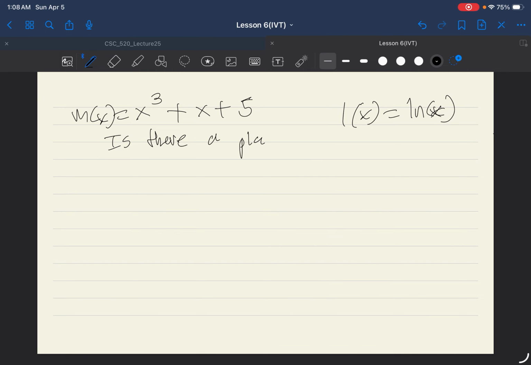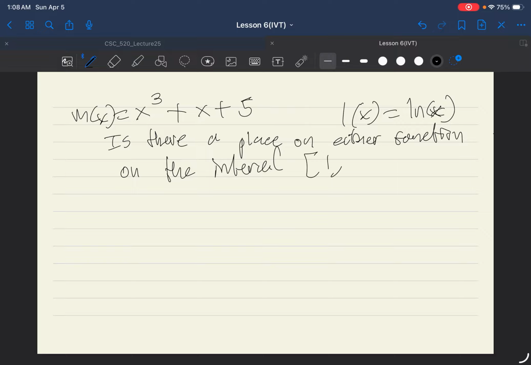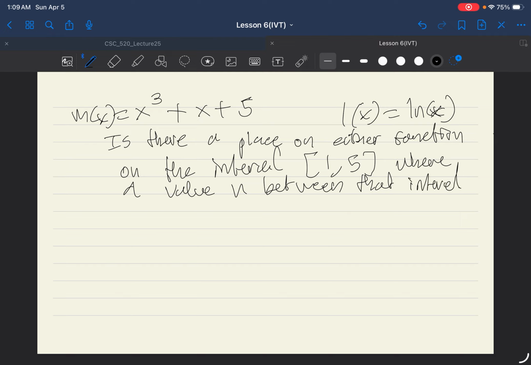Is there a place on either of these functions on the interval 1 through 5 where a value n between that interval 1 to 5... I'm not wording this correctly, my bad.